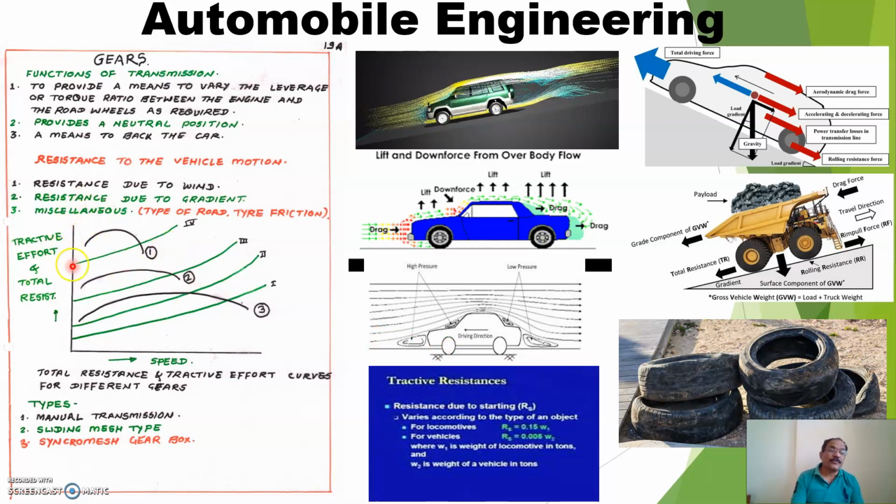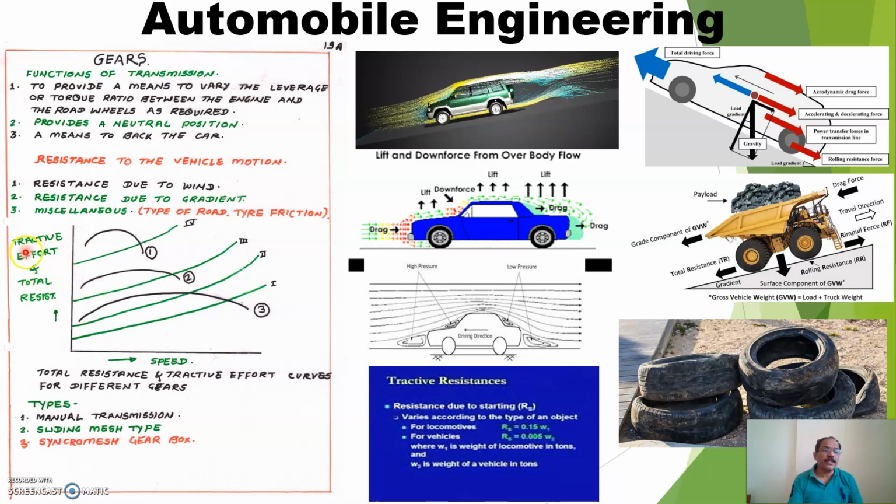So here one graph is shown, with tractive effort and total resistance, which includes resistance due to wind, resistance due to gradient, and miscellaneous resistance. Tractive effort is bound to be there, because every vehicle has to move and there is traction between the tire and the road.